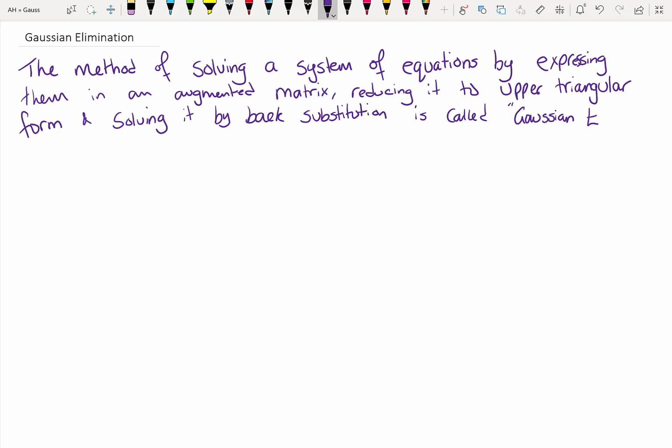And this is called Gaussian elimination.